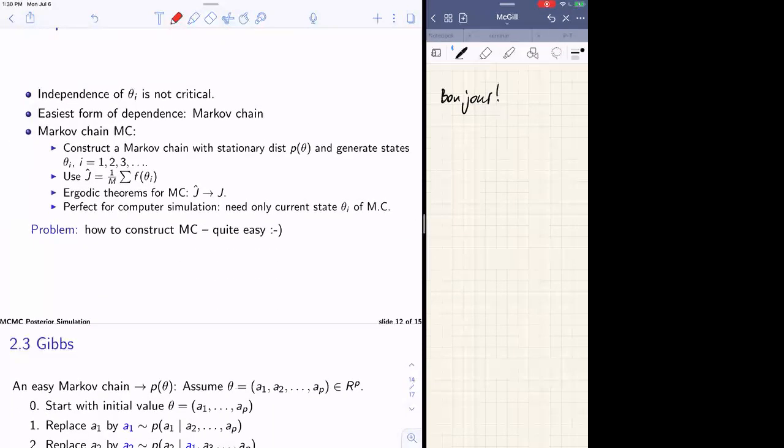That is not necessary. Short of independence, the simplest form of dependence I can think of is a Markov chain.